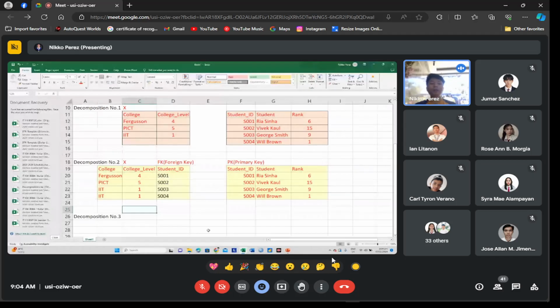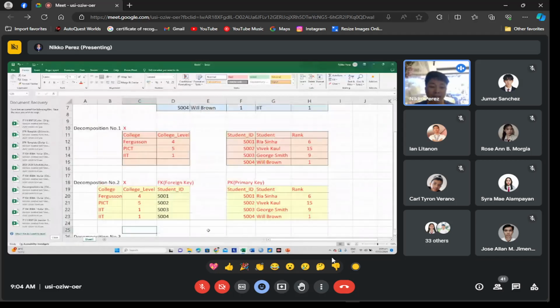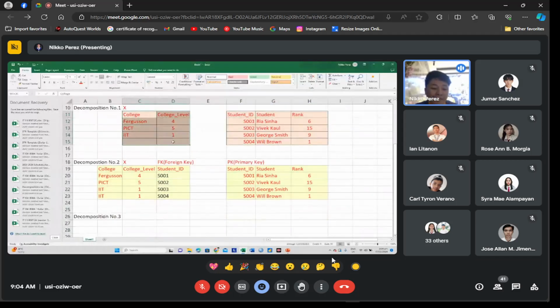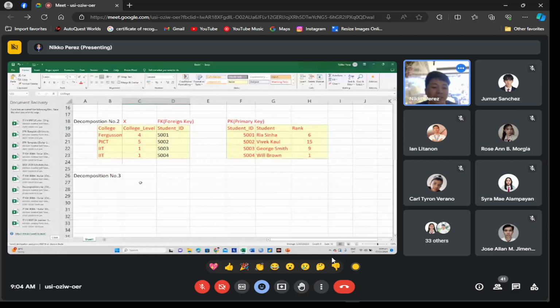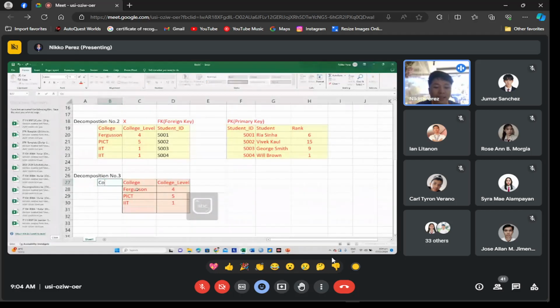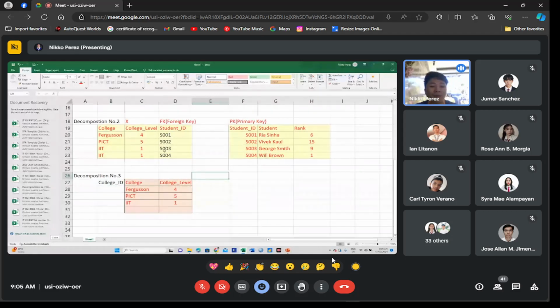So what we are going to do now is simply copy this one first. Then I will extend another column for the college ID. That is how important an ID number is in a table, because these should be the unique IDs for this situation.